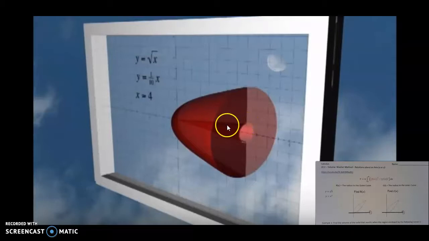So here we're going to notice that there's kind of like a gap, or a space, a hollowed area. So if I held this up, I could actually pour something into there and it would fill up. Sometimes that's going to go all the way through and it's going to be a hole all the way through.